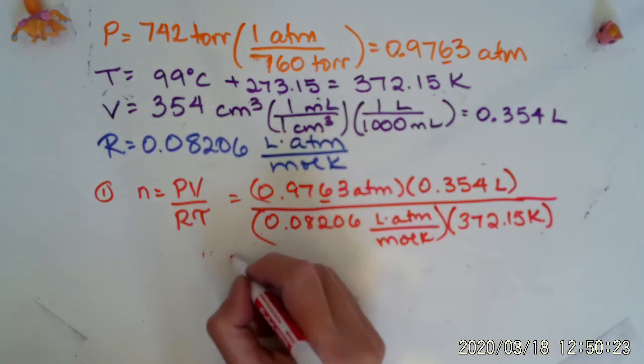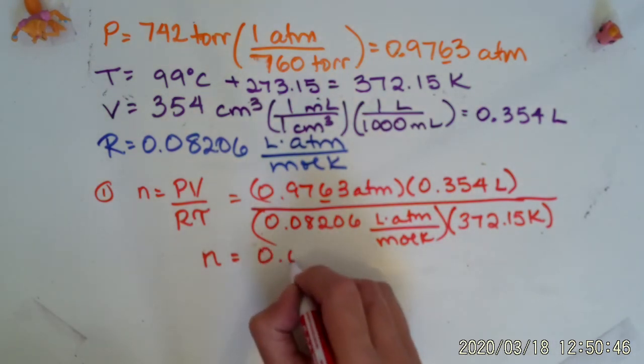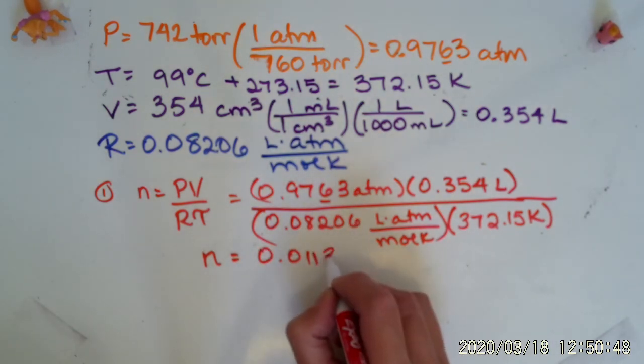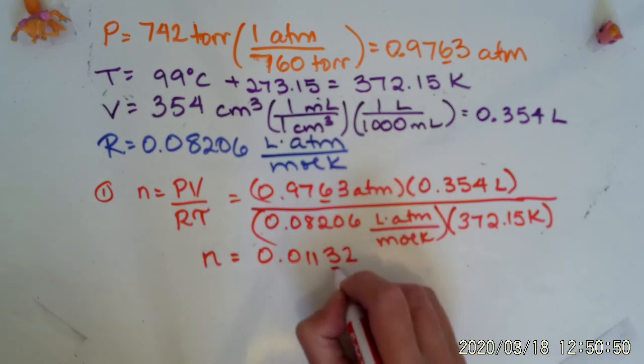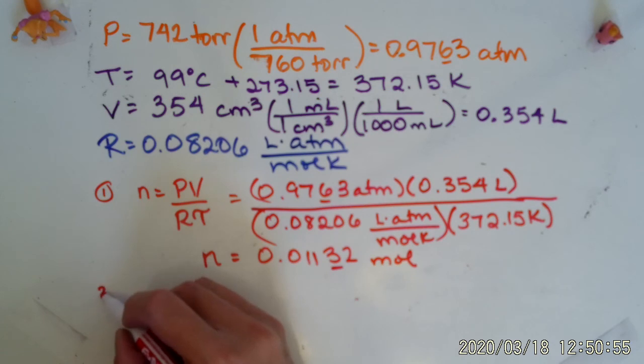Okay, and what we get for the number of moles is 0.9763 times 0.354 divided by 0.08206 divided by 372.15, and what we get is 0.0113 moles of gas.